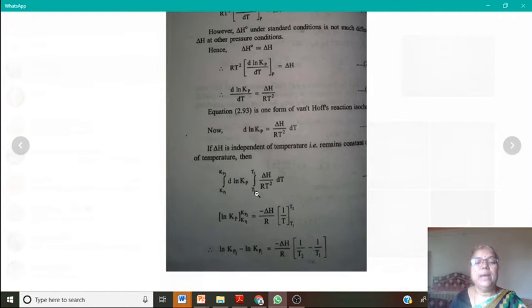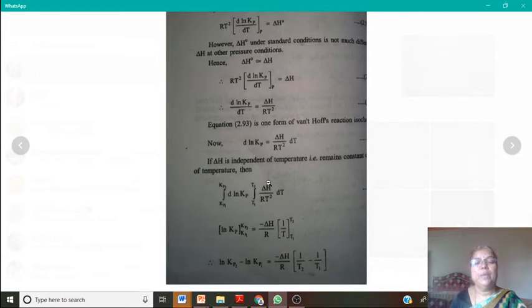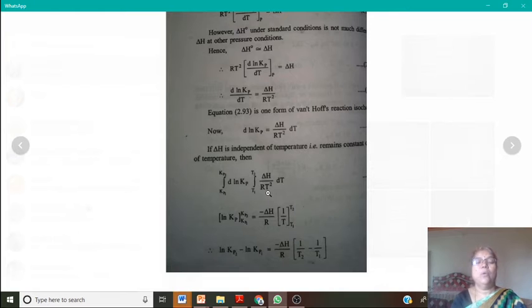This Kp1 is at temperature T1 and Kp2 at temperature T2, and we assume that ΔH remains constant over the range of temperature.